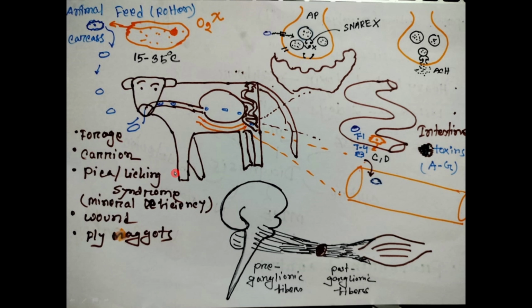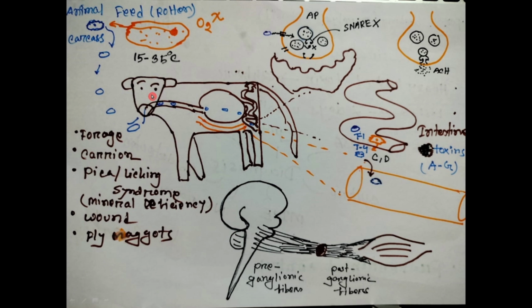If in this licking syndrome the animals lick anything carrying the toxin, the toxin will be introduced orally into the animal. Likewise, if the animal has any wounds, as I mentioned, Clostridium can occur in 4 forms, and one of them is wound botulism.